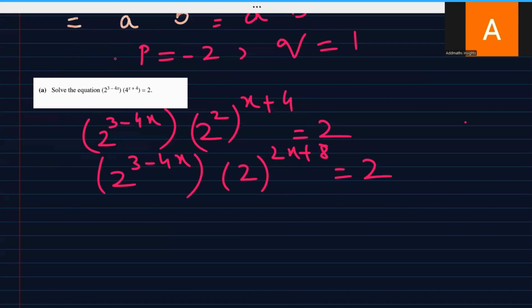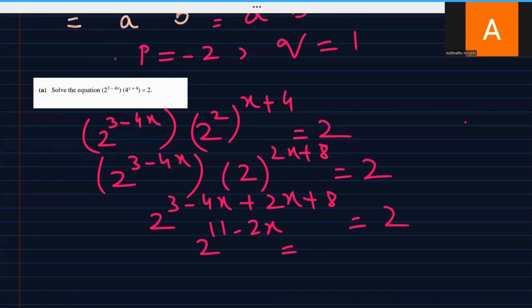Again, now you apply laws of indices. Bases are same, so you add their powers or indices or exponents. Now you can compare, or you can first simplify this expression. It becomes 11 minus 2x. So 11 minus 2x is equal to 1.